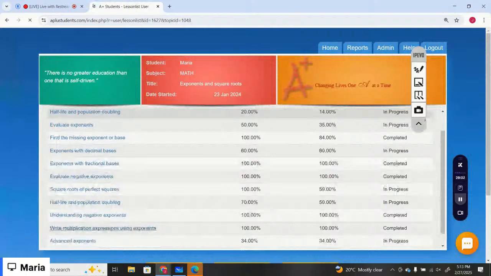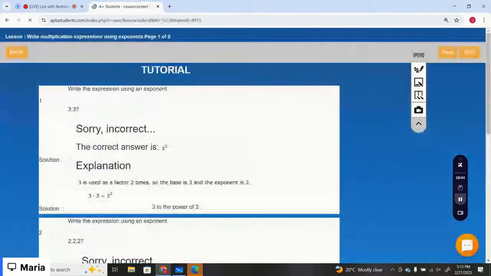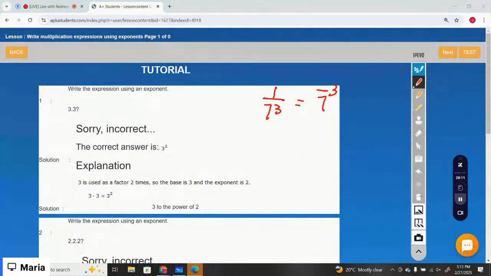Write multiplication expressions using exponents. Write an expression using an exponent. So you are given 3 times 3. 3 is multiplying 2 times. That means 3 is used as a factor 2 times. So you can write it as 3 square.